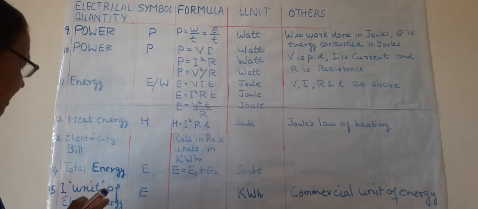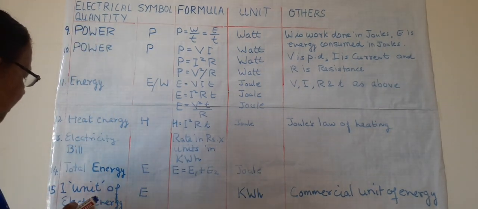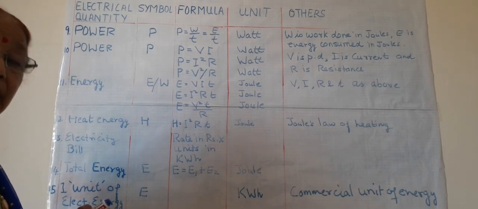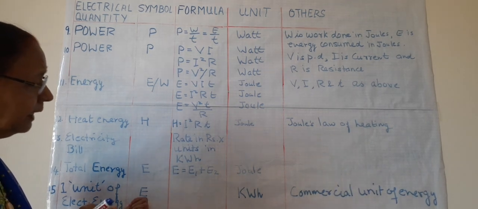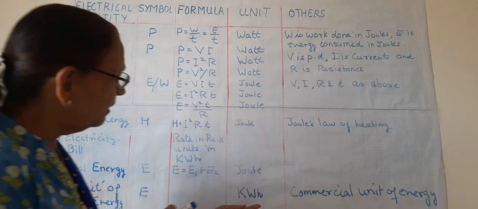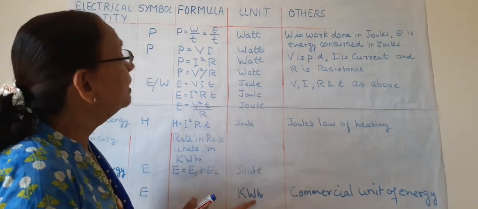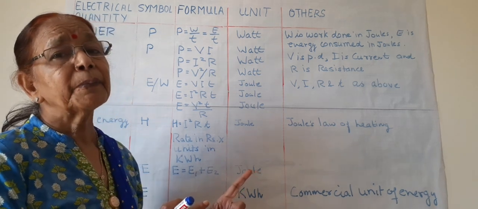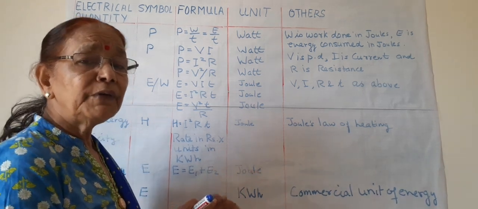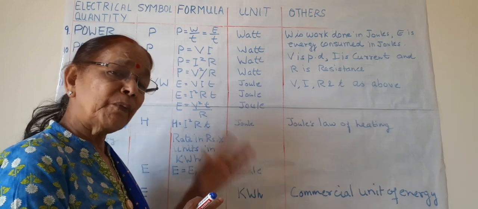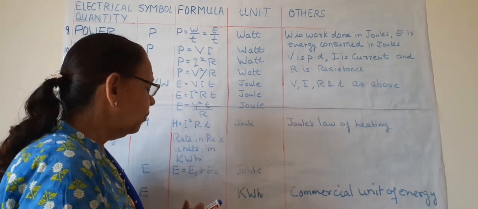The next and the last in the series is what is 1 unit of electrical energy. As it is energy, it is E. The 1 unit is denoted by kilowatt hour. Kilowatt hour is 1 unit of electricity, in which our electricity bill comes from the electricity board.